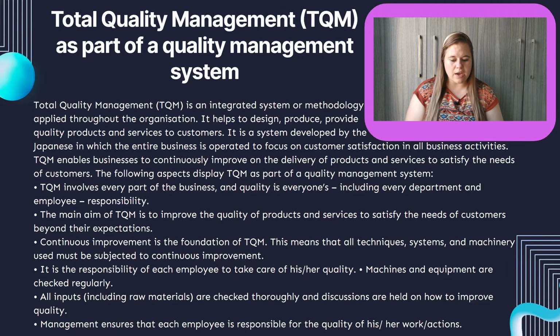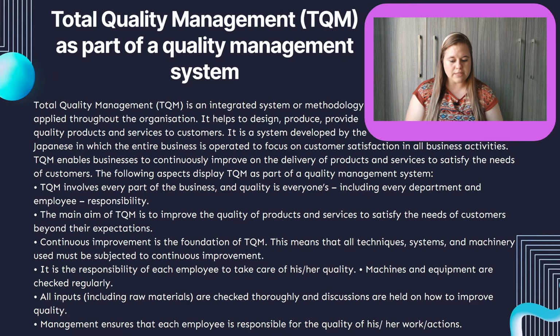It helps to design, produce, and provide quality products and services to customers. It is a system developed by the Japanese in which the entire business is operated to focus on customer satisfaction in all business activities. TQM enables businesses to continuously improve on the quality of products and services to satisfy the needs of customers.